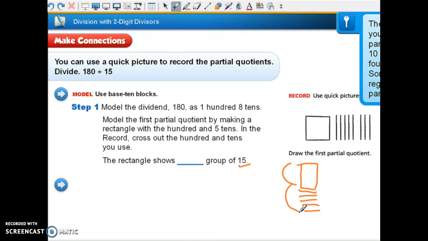Okay, so that took away those 5 and this. So what do we have? Now we have this partial quotient of 10 by 15, right? What is that? 10 times 15. Okay, so how many groups of 15 do we have in this? 10.